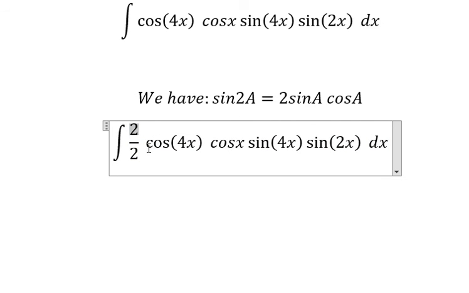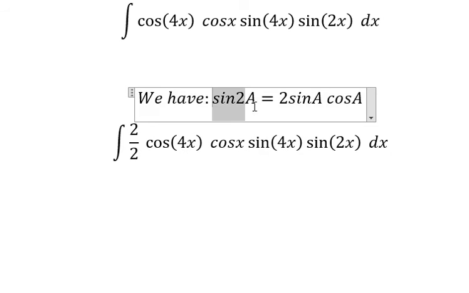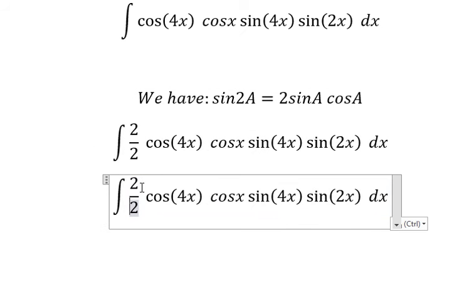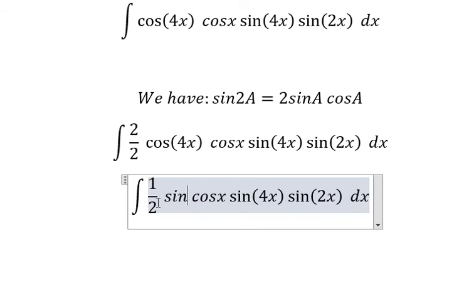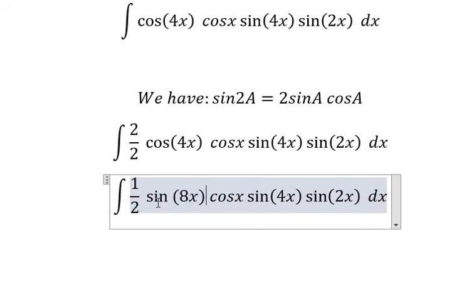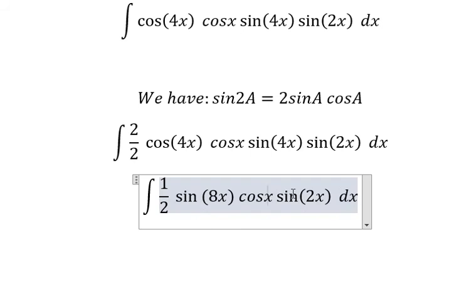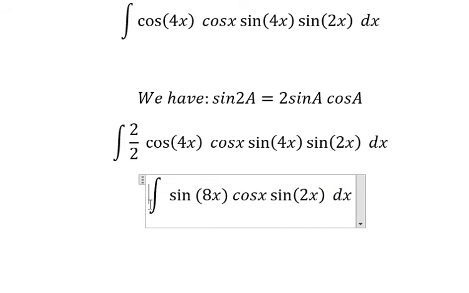So we have 2 cos 4x sin 4x. So we can change it into sin 8x, because we have number 2 multiplied by number 4. Now, I will put 1 over 2 outside.